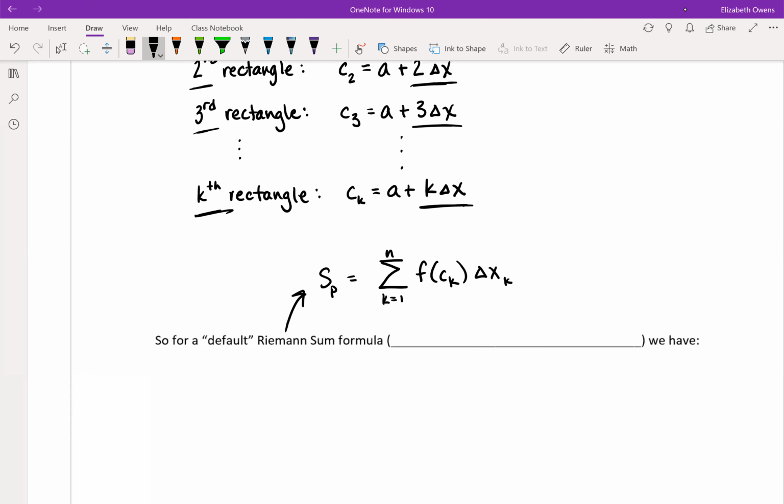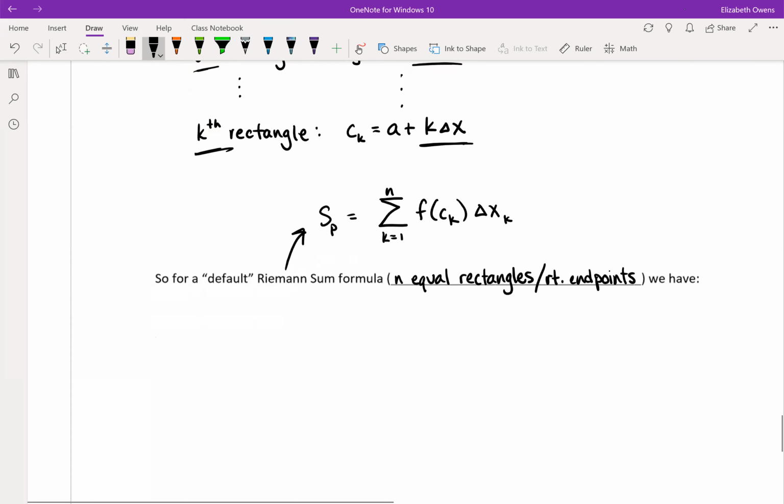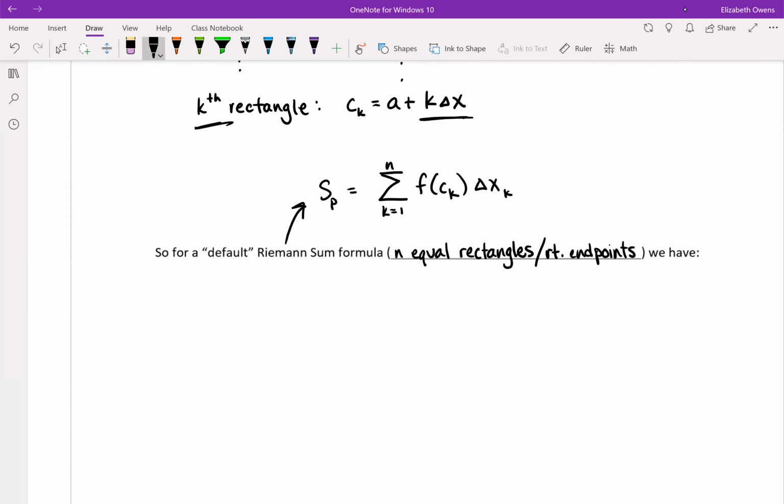The default is going to incorporate what we've just looked at. You have n equal rectangles, and you also have right endpoints for your defaults. So that would make our Riemann sum look like this.